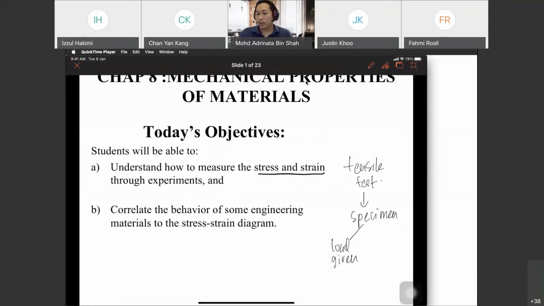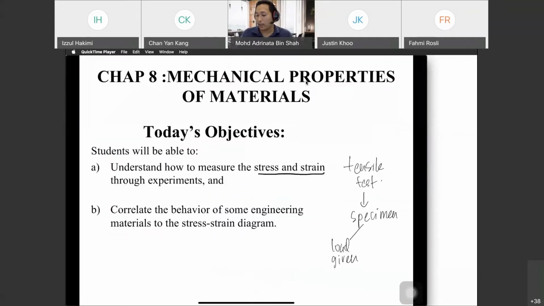Okay, so continue. The tensile test on the specimen depends on the material. We have aluminium, steel.